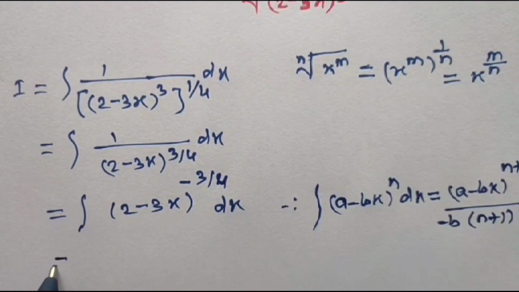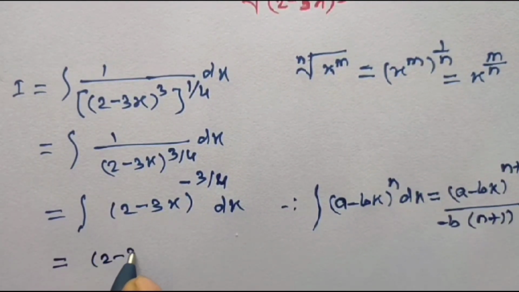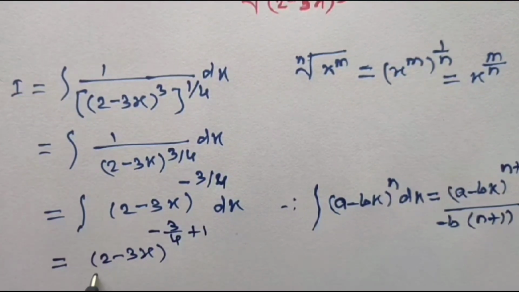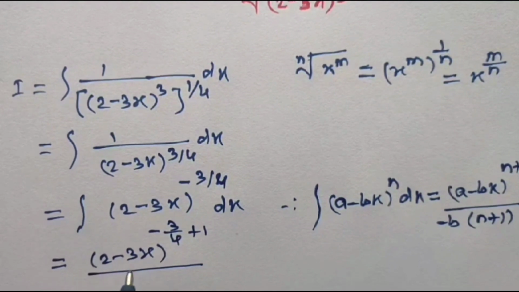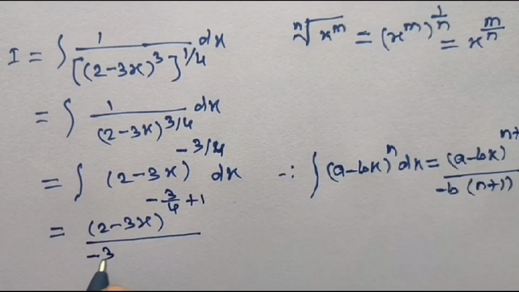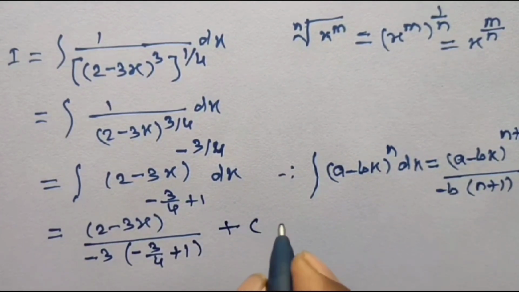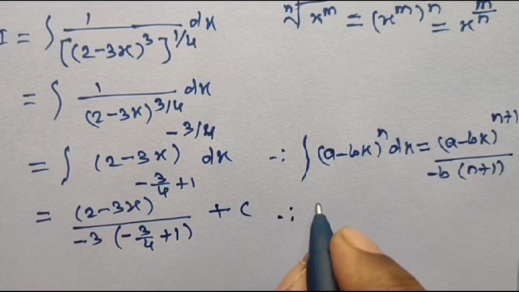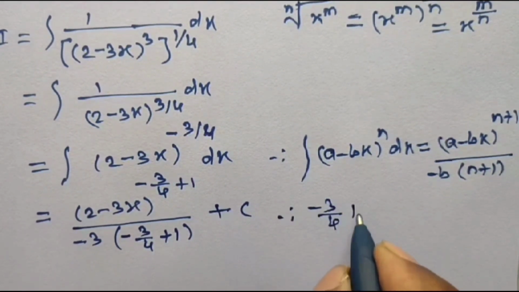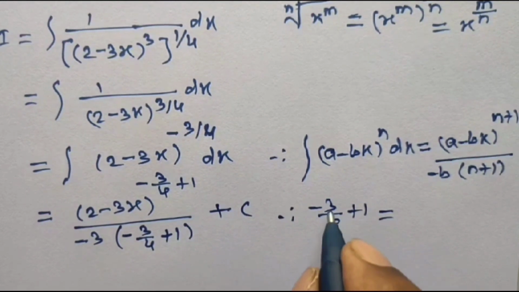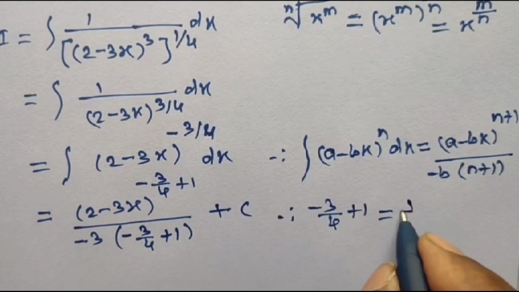Hence this is equal to (2 minus 3x) to the power minus 3 upon 4 plus 1, divided by the derivative of 2 minus 3x with respect to x, which is minus 3, into the bracket minus 3 upon 4 plus 1, plus integral constant c. But you know minus 3 upon 4 plus 1 is equal to minus 3 plus 4 into 1, which means 4. Minus 3 plus 4 gives 1 upon 4.